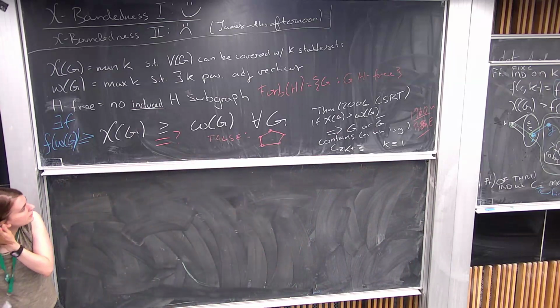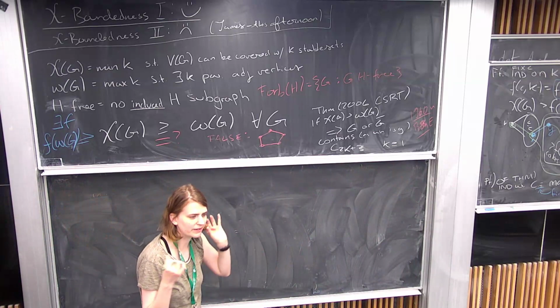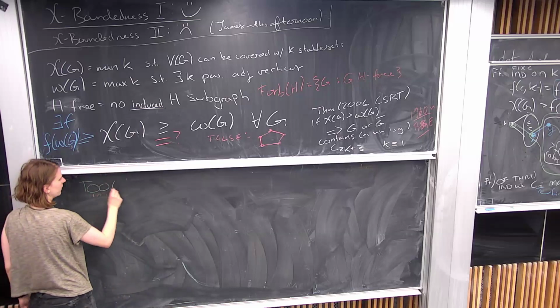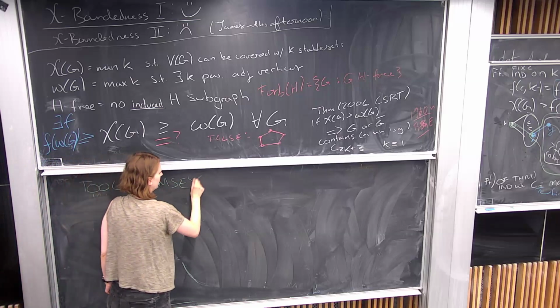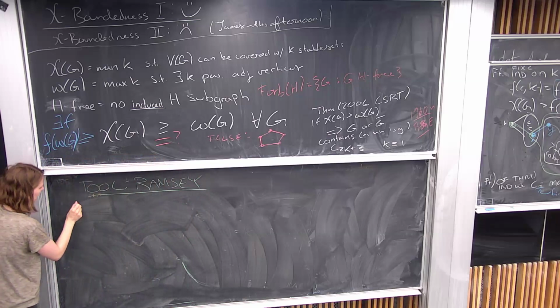So kind of our second tool, which I'm never going to use in a serious way in this talk, but is actually one of the most important tools, is just using Ramsey as your friend. And again, because I'm lazy, I will give you just the statements of some theorems.